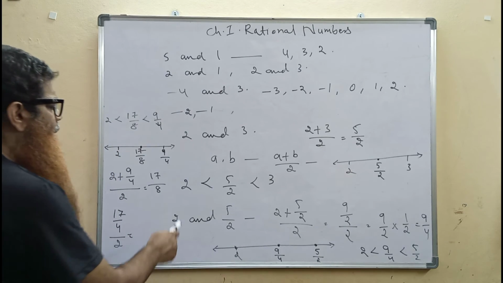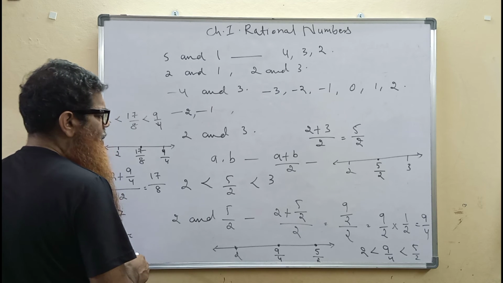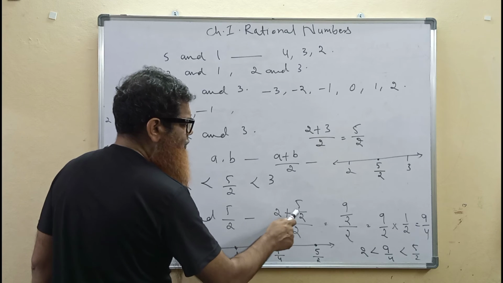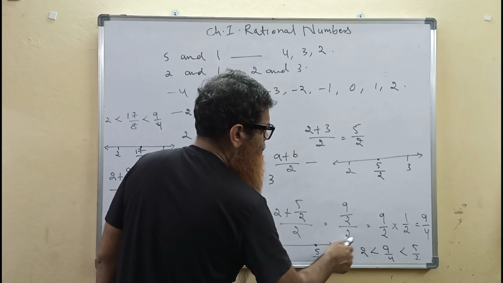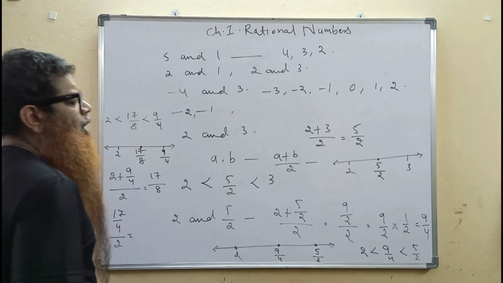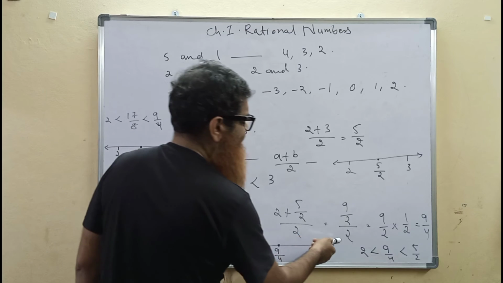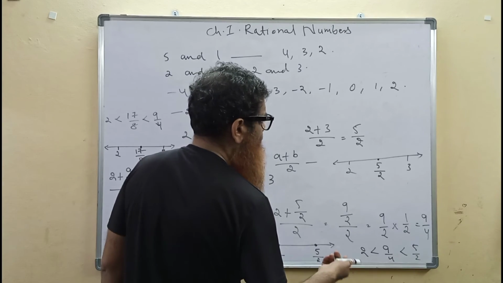So now to find a rational number between 2 and 5 by 2, it is (2 plus 5 by 2) divided by 2, which is 9 by 2 divided by 2, which is 9 by 2 into 1 by 2, because when we take a reciprocal and multiply, it is nothing but division.